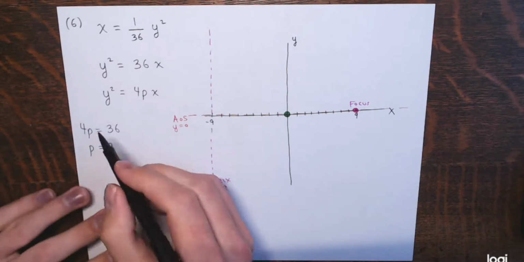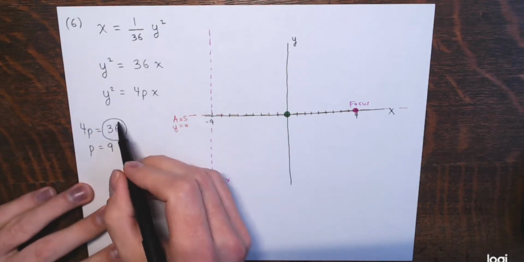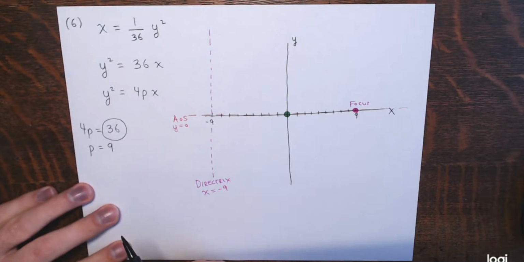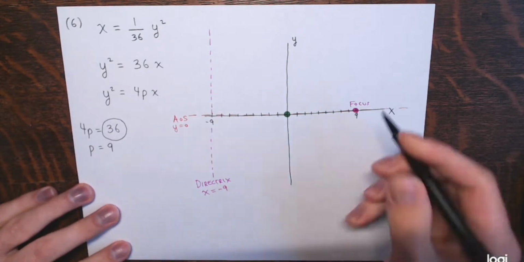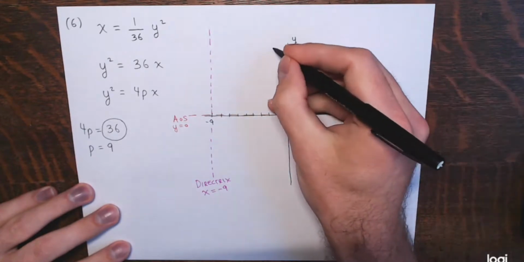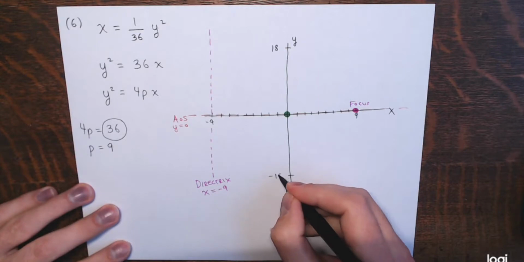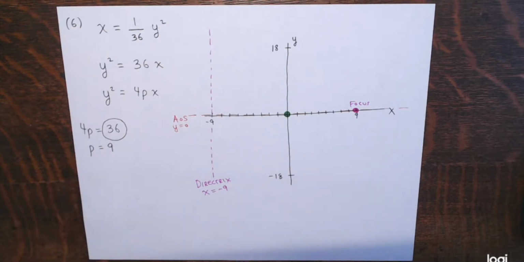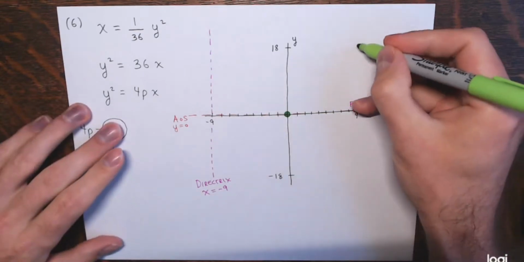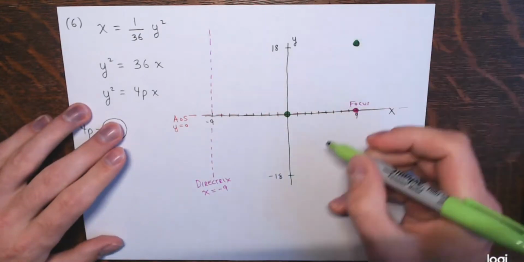Alright, and then this 36, that's the length of the latus rectum. So I'm going to go from the focus 18 units up, and 18 units down. That way the latus rectum will have a total length of 36 units. And we get these points on the ends of the latus rectum that are also on the parabola.